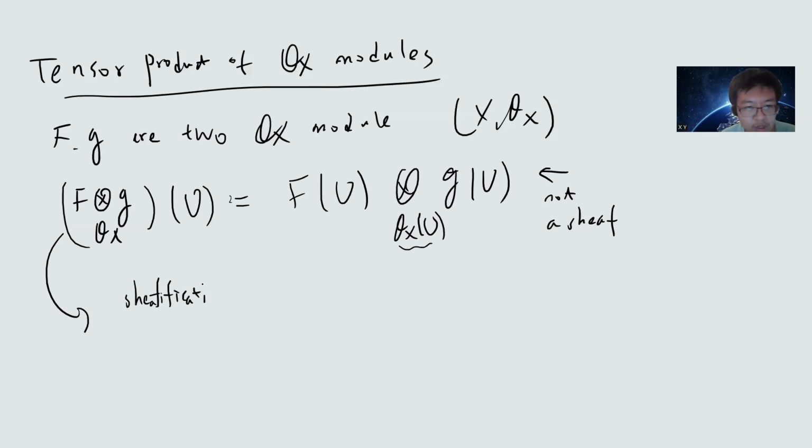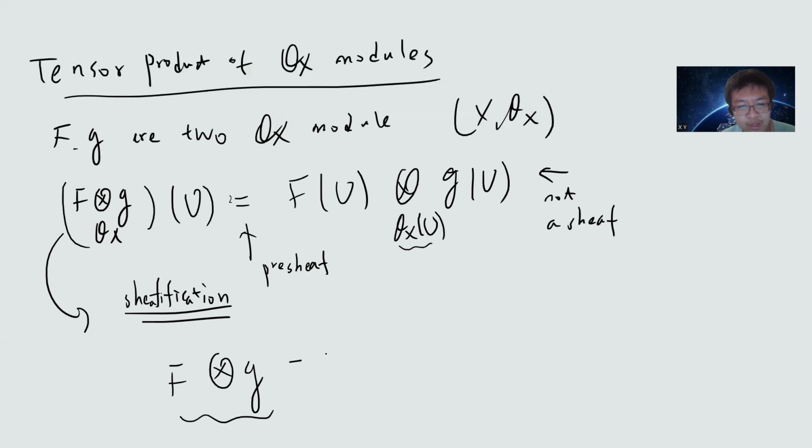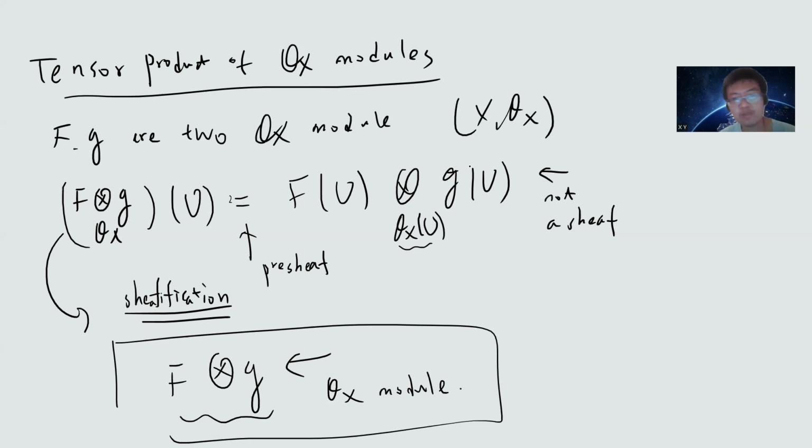Remember that given a pre-sheaf, you can do a sheafification. So this guy is a pre-sheaf, and once we do the sheafification, the result is defined to be a sheaf of OX modules. This is called the tensor product of OX modules. Recall that sheafification doesn't change the stalks.